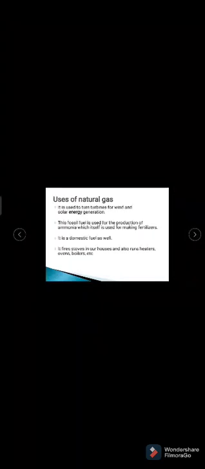The next one is the uses of natural gas. It is used to turn turbines for wind and solar energy generation, and it can also be used as a fuel for domestic and industrial purposes.